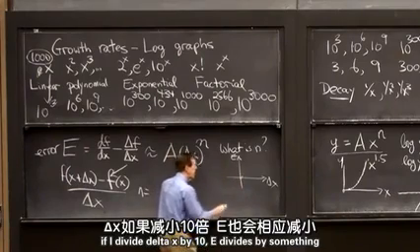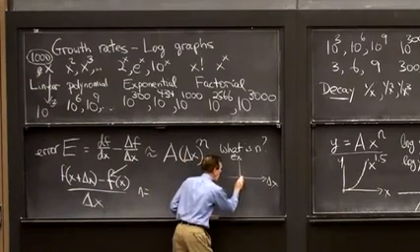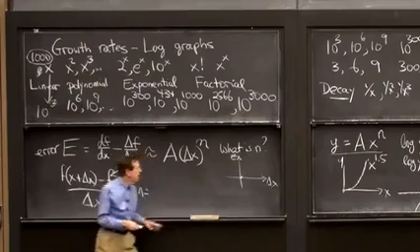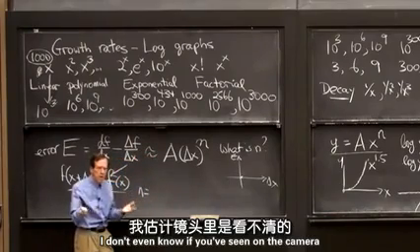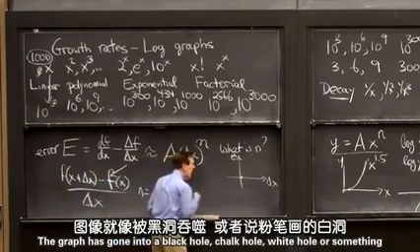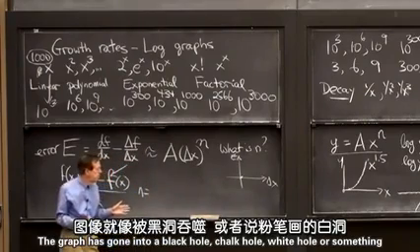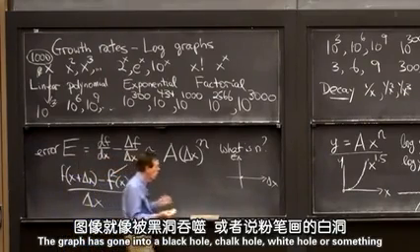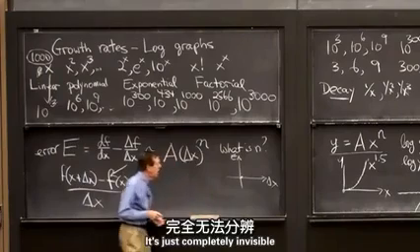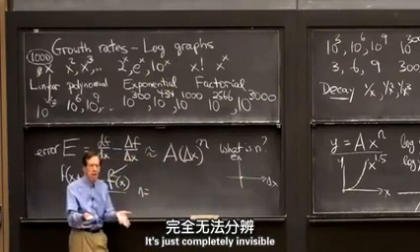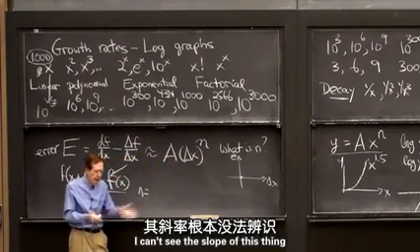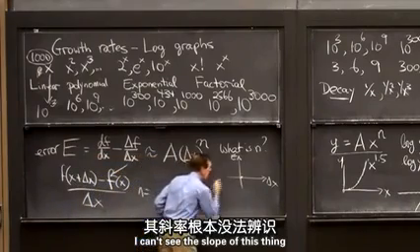If I divide delta x by 10, e divides by something. I don't even know if you can see it on a camera. The graph has gone into a black hole or a chalk hole or a white hole or something. It's just completely invisible. I can't see the slope of this thing.